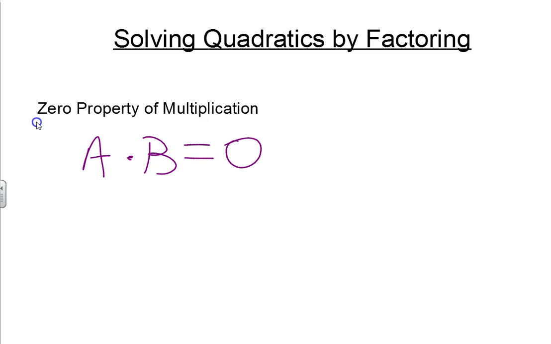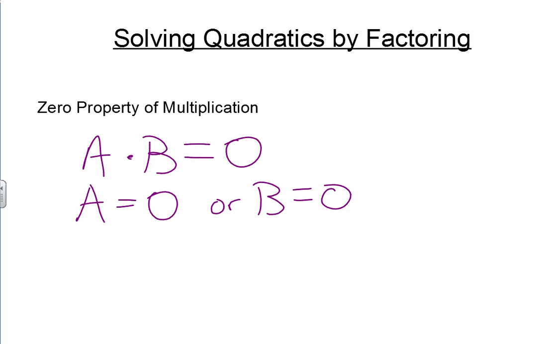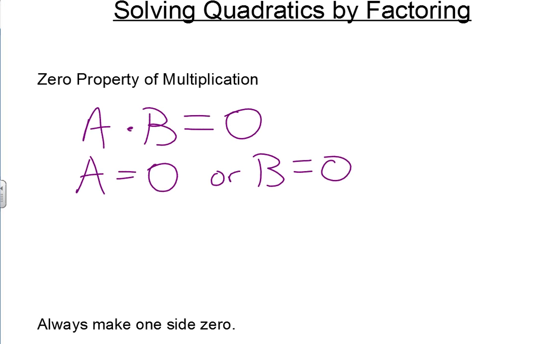I know that one of these has to be 0, either A or B. Because of that, when I factor, I take things that are added and turn them into two things multiplied to get me 0. The most important rule when you're solving quadratics is you always want to start by making one side 0.